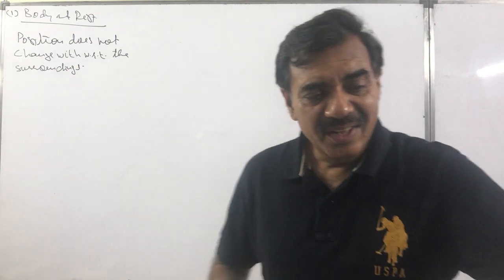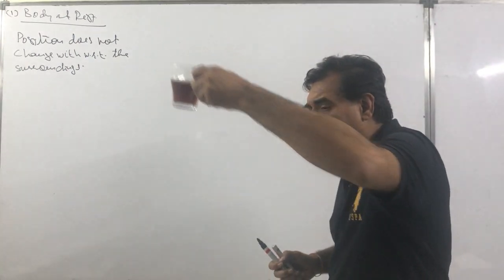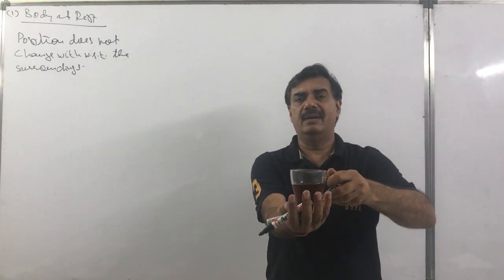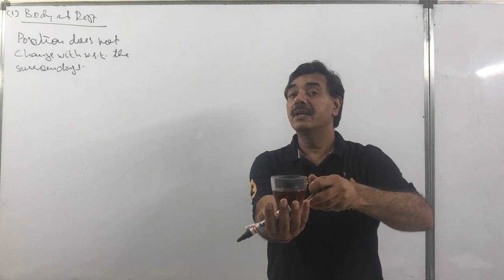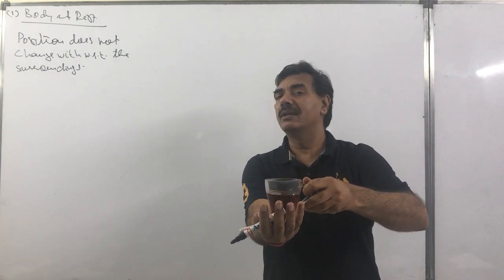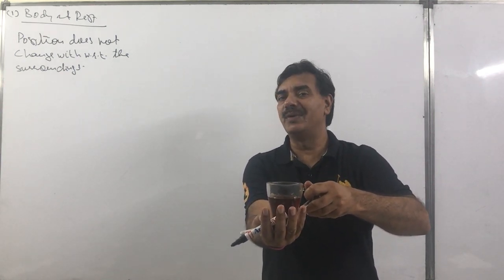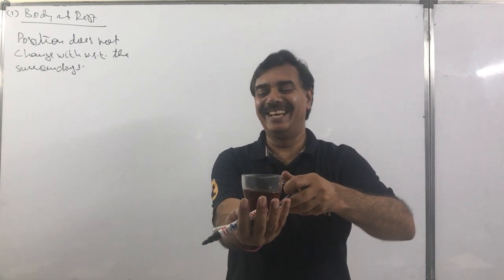Let's say we have this cup of coffee here. It is in my hand, and the reference is this wall here. There is a wall there. It will not be visible in the video, but there is a wall there.